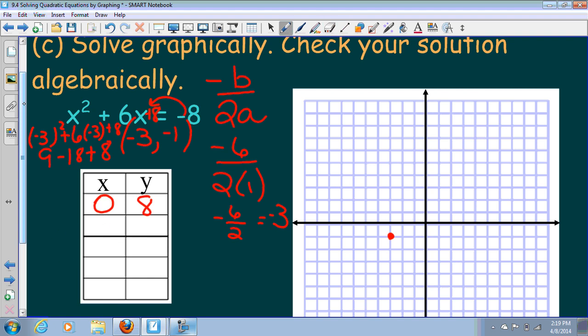What if I do, sorry, negative 6? So negative 6 squared plus 6 times negative 6, negative 3, plus 8. So 36 minus 36 plus 8. That's going to also be 8. Okay? So 0, 1, 2, 3, 4, 5, 6, 7, 8. And negative 6, 1, 2, 3, 4, 5, 6, 1, 2, 3, 4, 5, 6, 7, 8. And there's my graph. Okay?